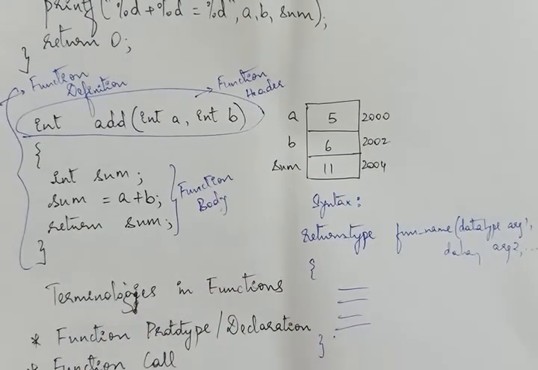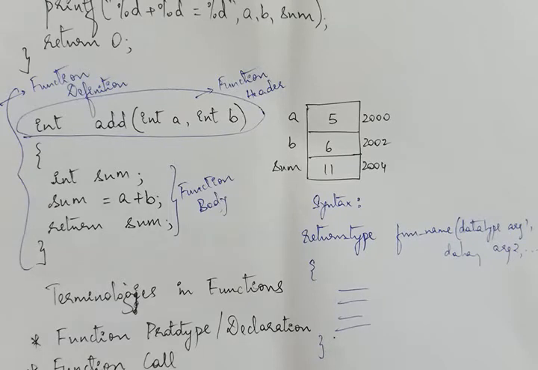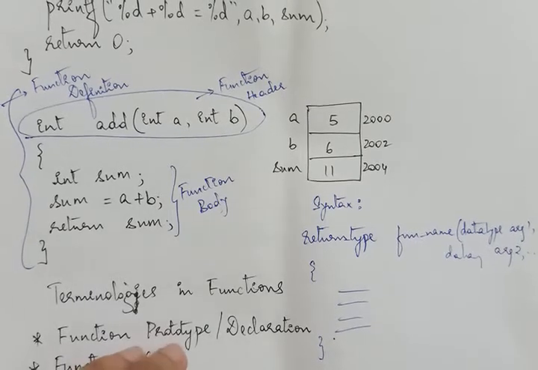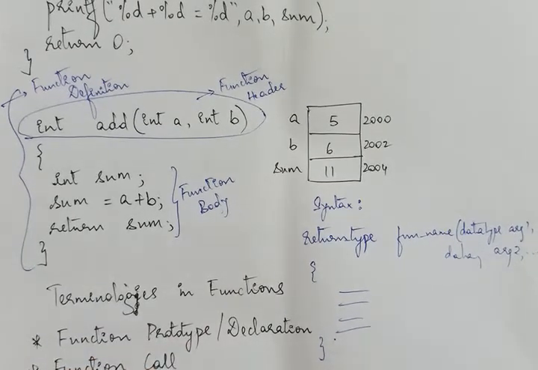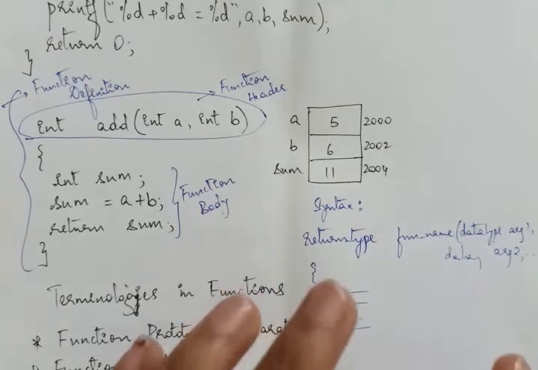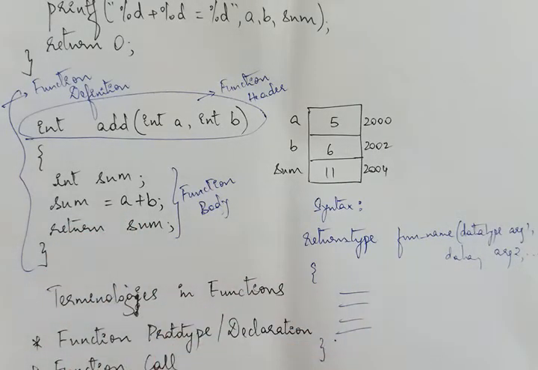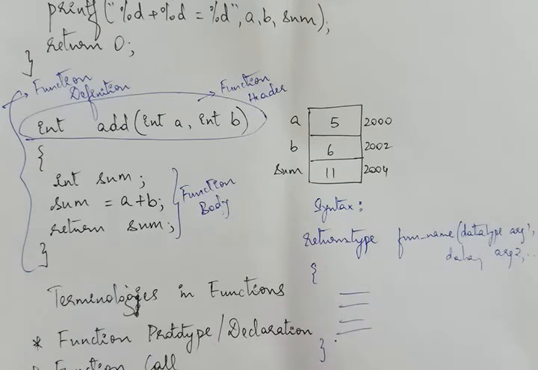Now, when should a function have a return statement? A function has a return statement when it is returning something back to the calling function. It's not compulsory that you should have a return statement in a function. It all depends, and usually the programmer is comfortable in returning a value to the calling function. But if it is a very simple program, then it need not return anything to the calling function.